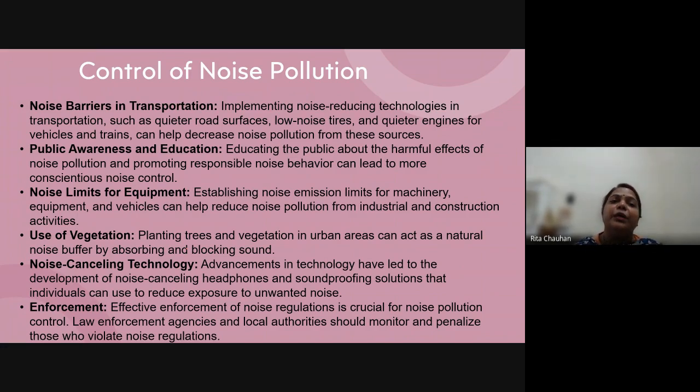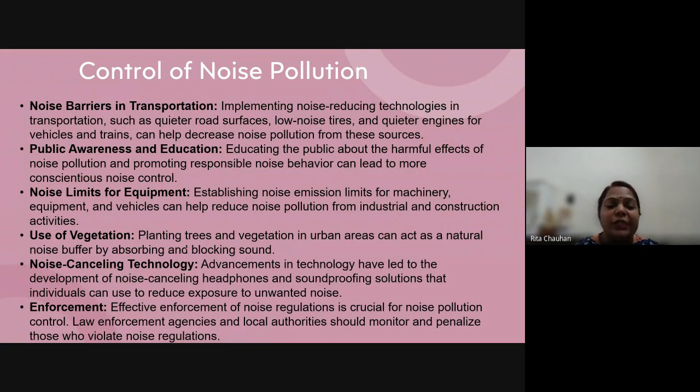Then we should have more awareness about noise because many of us don't know that there are so many adverse effects of noise. Then we should plant trees and vegetation in urban areas so that they can absorb and block the sounds.